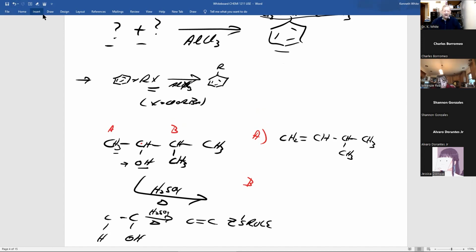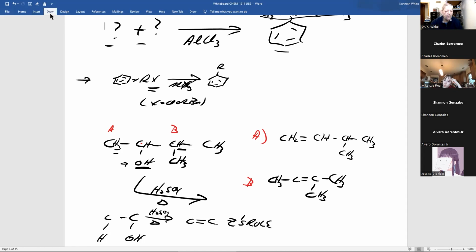This is the compound I'll get. Now, if I lose this hydrogen from B and the hydroxyl group, between those two carbons I'll have a double bond. And this is the molecule I'll get.